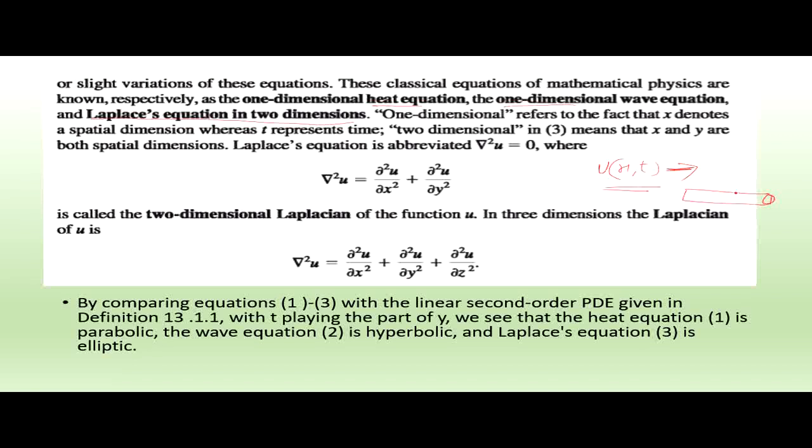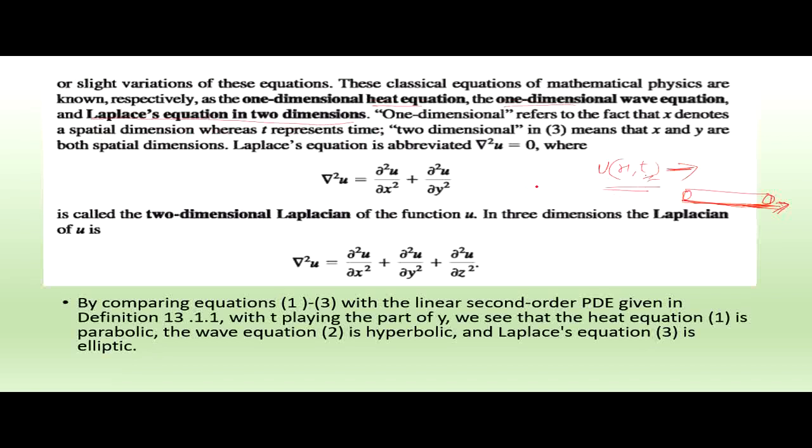If you take a rod, heat is assumed to be moving in this direction, so which will be one dimension, and another variable t stands for only the time parameter, isn't it? Not the dimension x or y. Only one dimension x is available. Along the x-axis we consider the length of the rod. Another parameter t is the time parameter, right? So this is called one dimension. So one dimension refers to the fact that x denotes the spatial dimension whereas t represents the time.